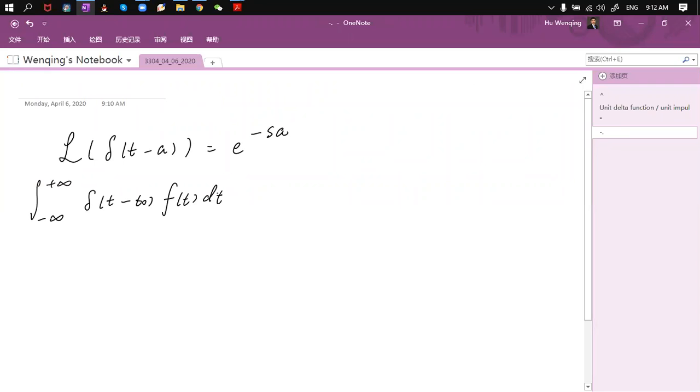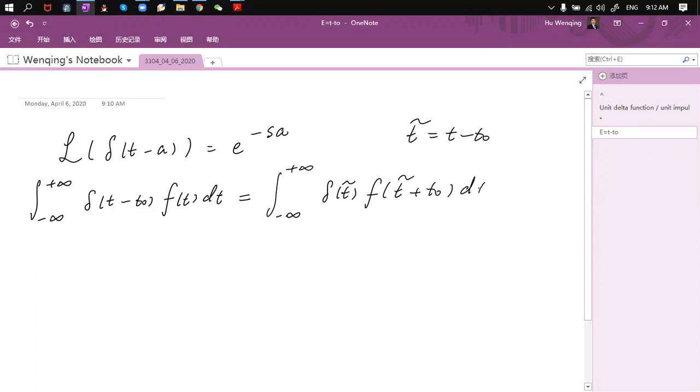So how do I analyze this integral? Well, you can first change variables. So t tilde is equal to t minus t0, so t is equal to t tilde plus t0, and dt becomes dt tilde, right?